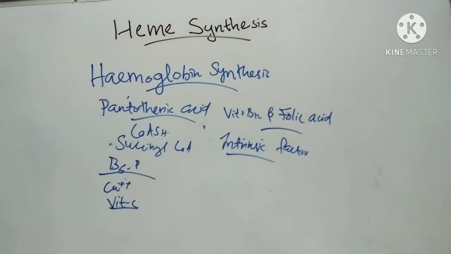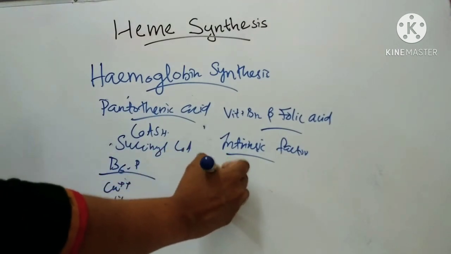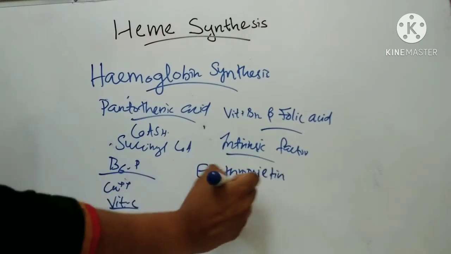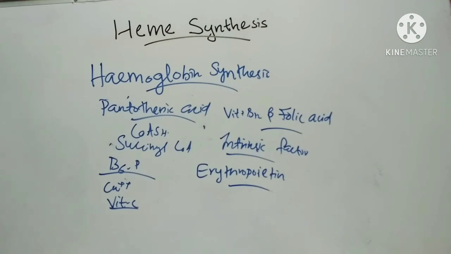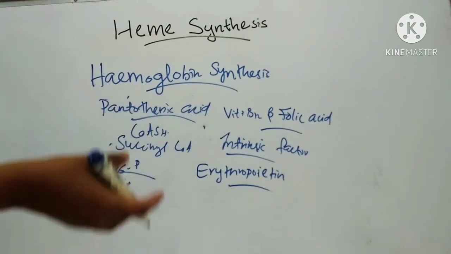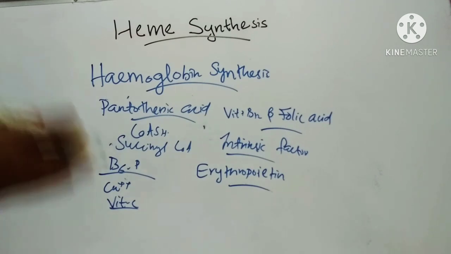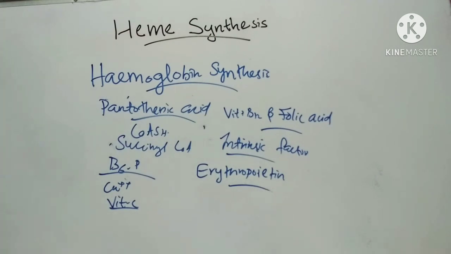Next one is erythropoietin. Erythropoietin stimulates production, maturation and release of red blood cells from the blood forming tissues. These are the components.